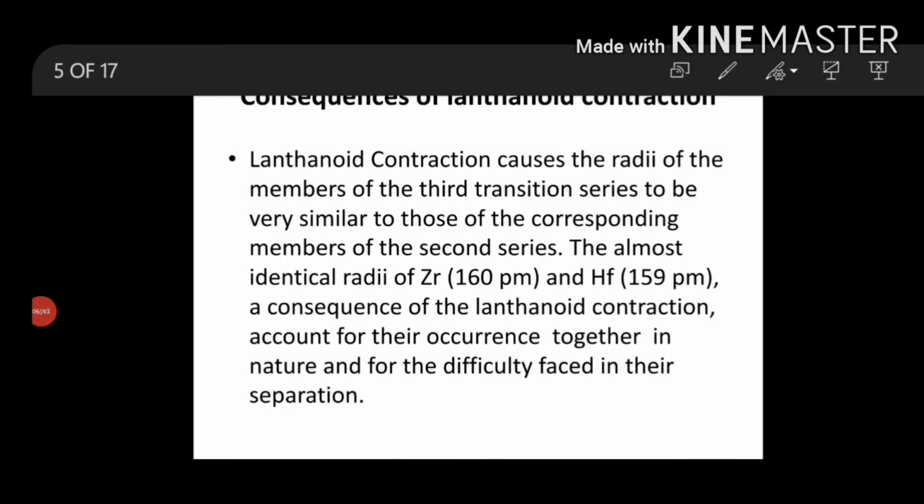All the lanthanoids have quite similar properties, and due to this reason they are difficult to be separated.